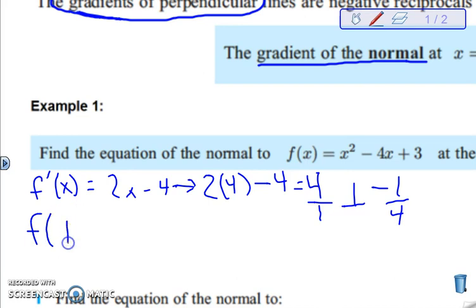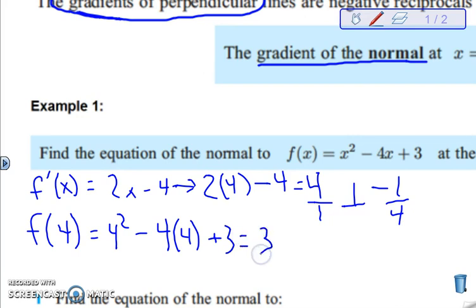So we're going to want f of 4, which means we're going to take 4 squared minus 4 plus 3. Type all that in, and we should get 3.